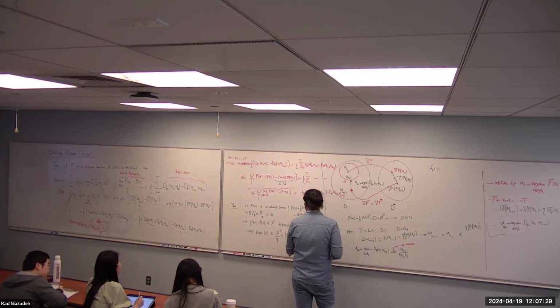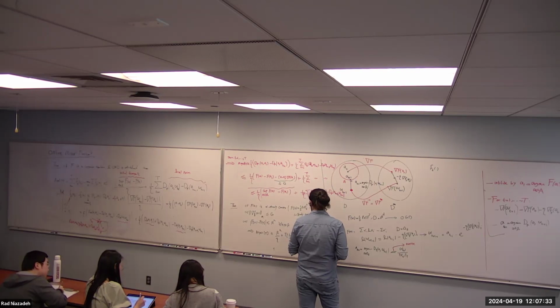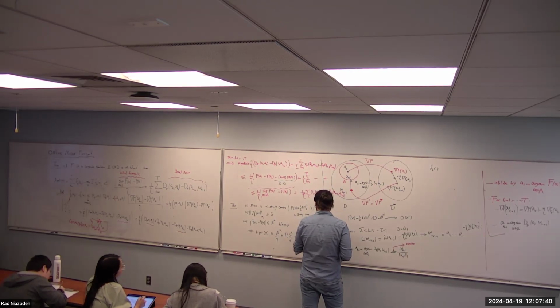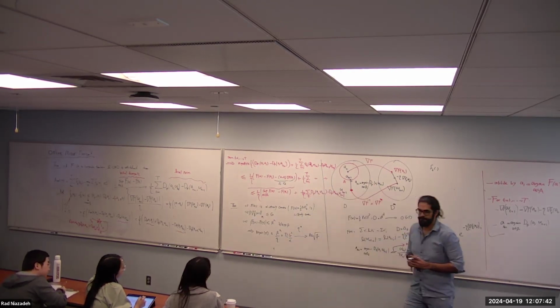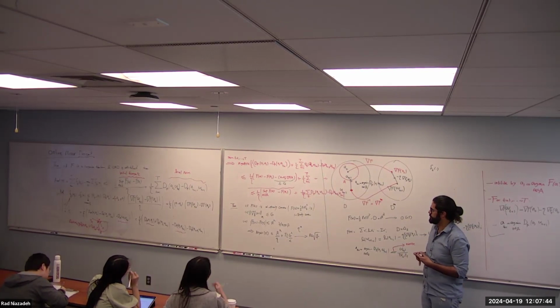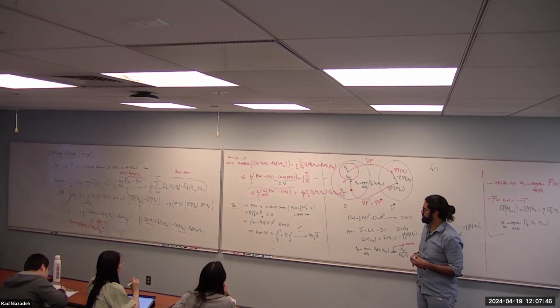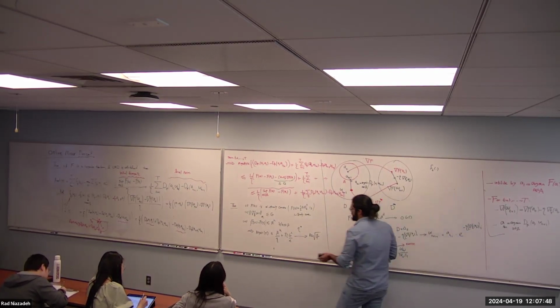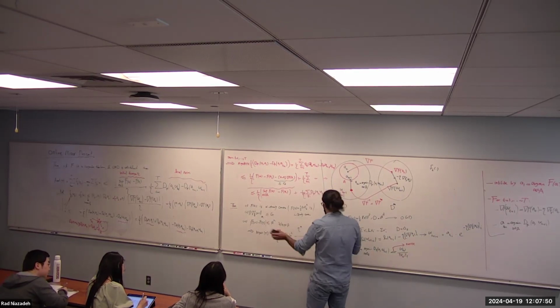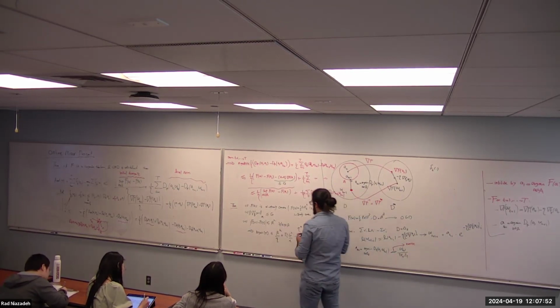And then set eta appropriately. I think this gives you something like RG square root of alpha over t. Let's assume this is true.